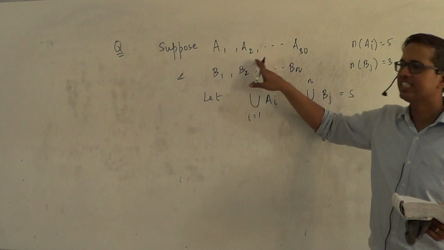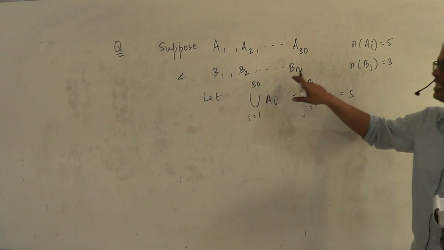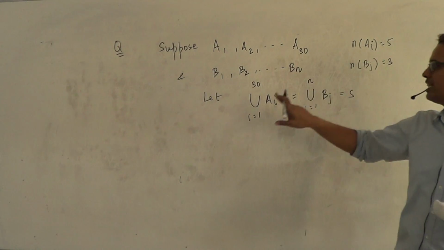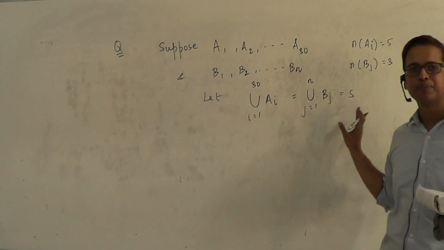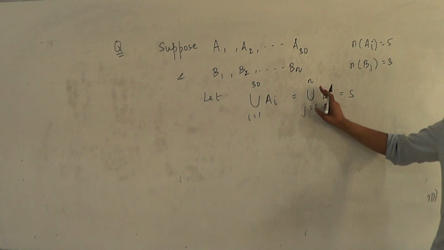There are 30 sets A1, A2, A3, each having 5 elements. There are n sets B1, B2, B3 till Bn, each having 3 elements. And the union of all the sets is the same.